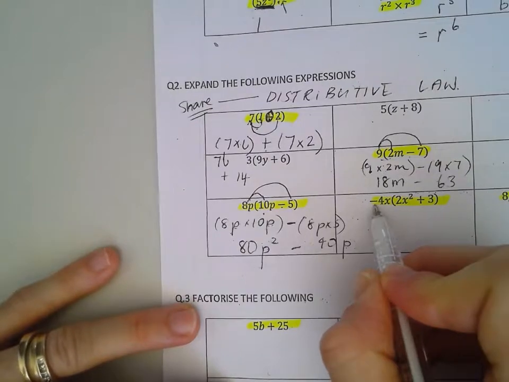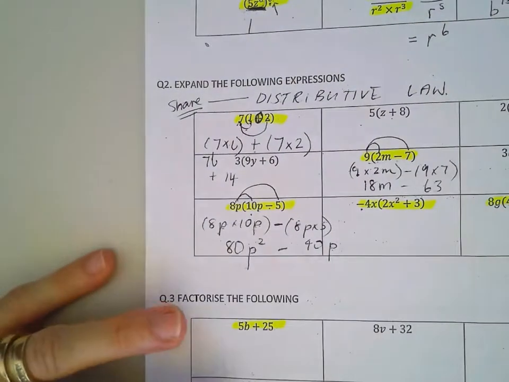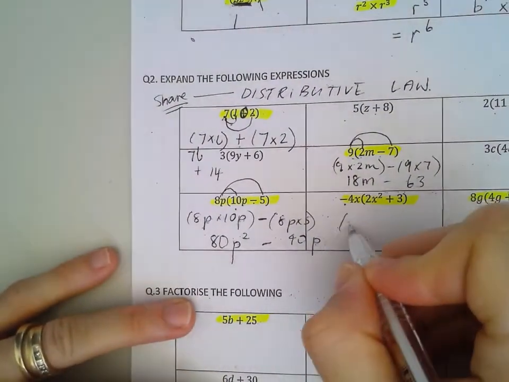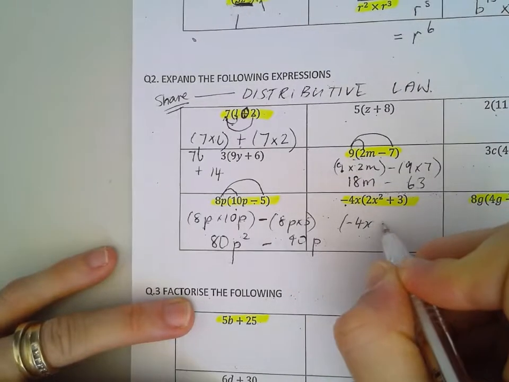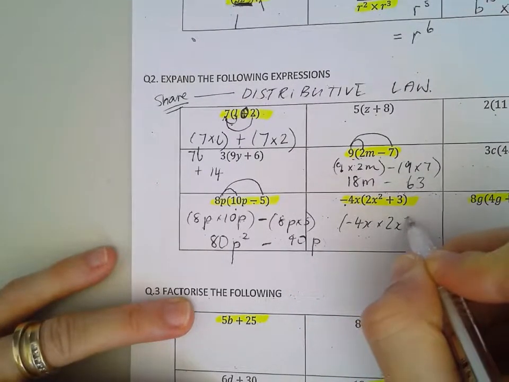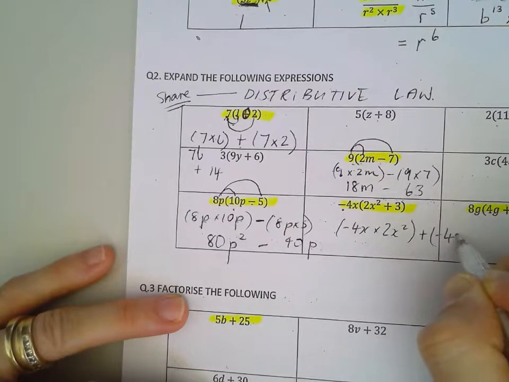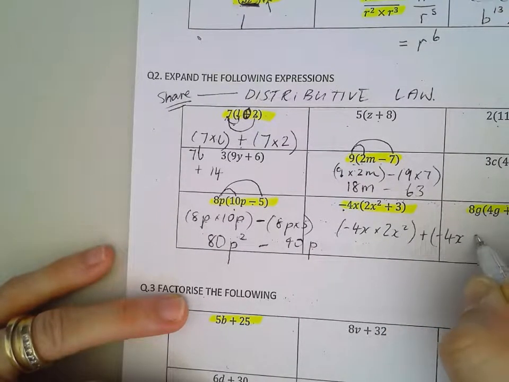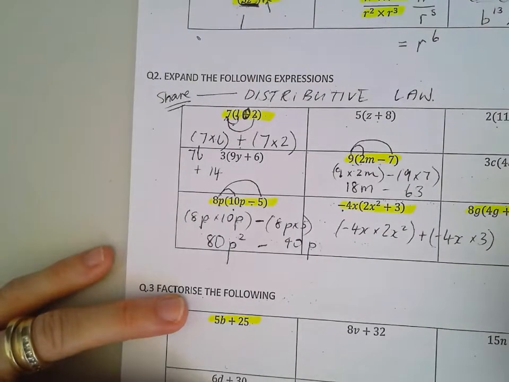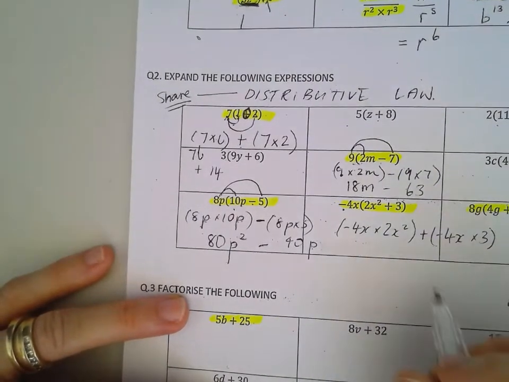Okay, take note that there's a negative here. Maybe there's a negative on your test. Just maybe. So negative 4x times 2x squared plus this time negative 4x times 3. Okay, so we'll have to do this one down here.